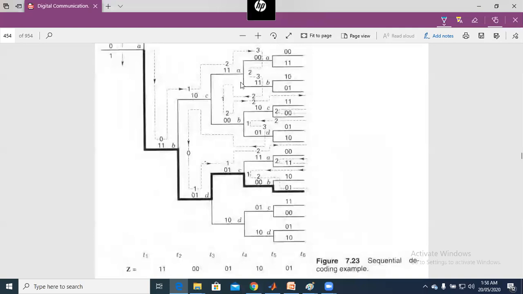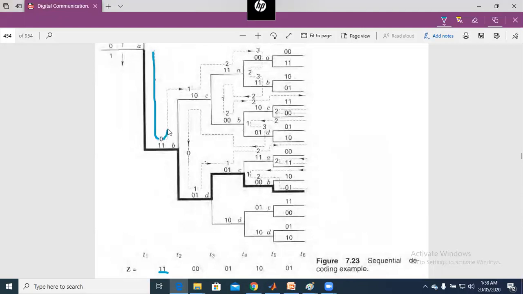In this sequential decoding, we have the received sequence 1, 1, and we compare it with 1, 1, and the distance is 0. So we choose that the transmitted bit is 1 and we go down, and we choose this path.